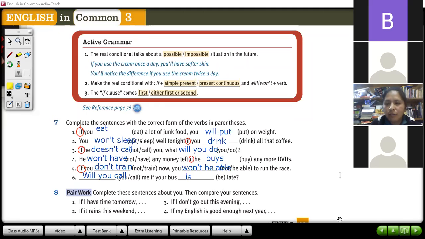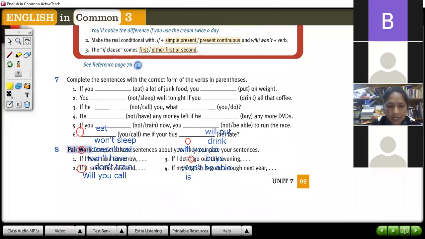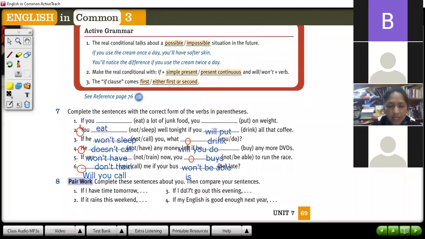So for tomorrow, I want you, please, to complete these four sentences. One, two, three, four. Complete these sentences for tomorrow, please, according to your own situation.